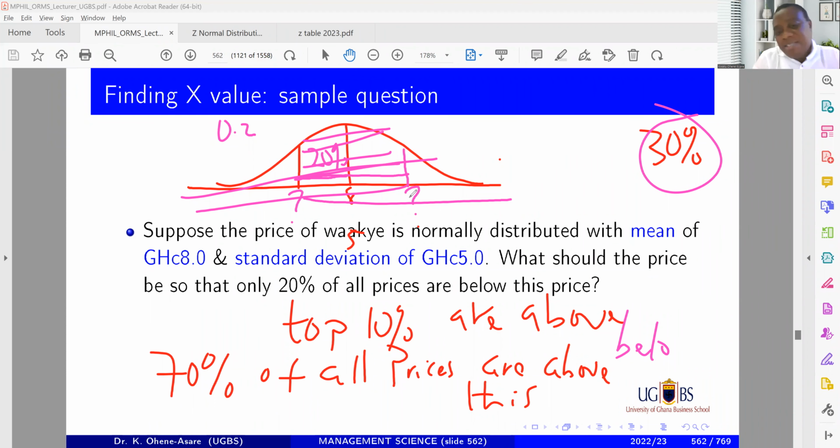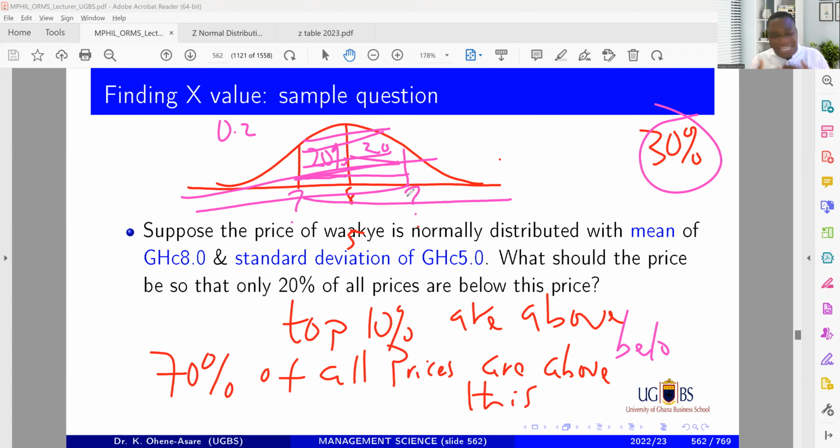If this is 70%, you are going to read 20%, the same thing. So in general, 70% of the prices are above this price is the same as 70% of the prices are below this price. It is how you understand, because it is the reading picture that will give you the best understanding.